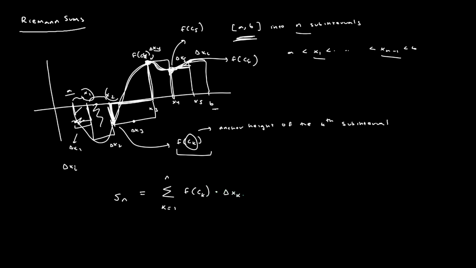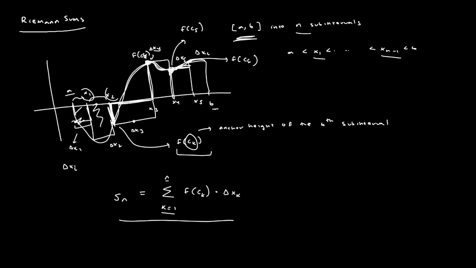Notice how this formula is doing nothing but summarizing all of the mechanics of creating boxes and summing up the various approximate boxes that I created, right? Because there's n subintervals, that's why I'm doing a sum over n things.